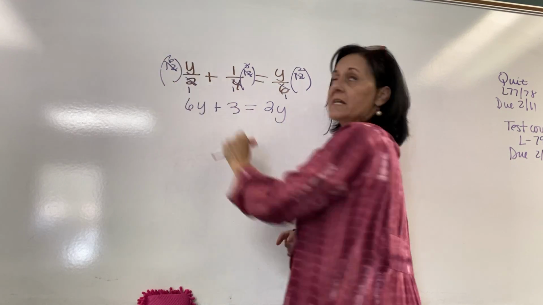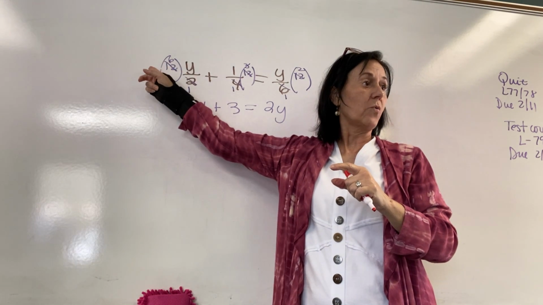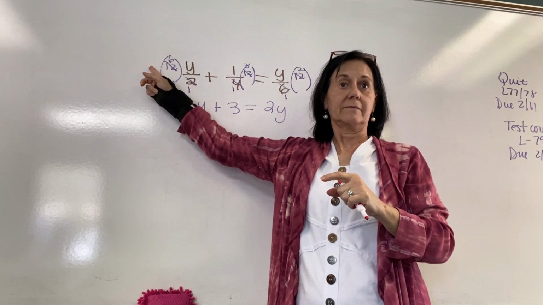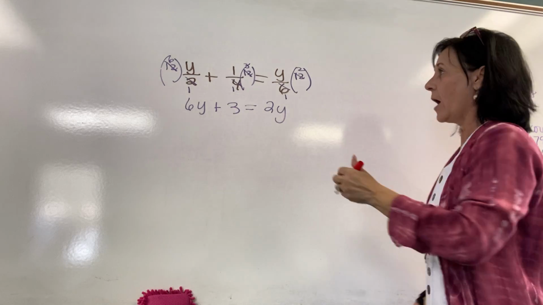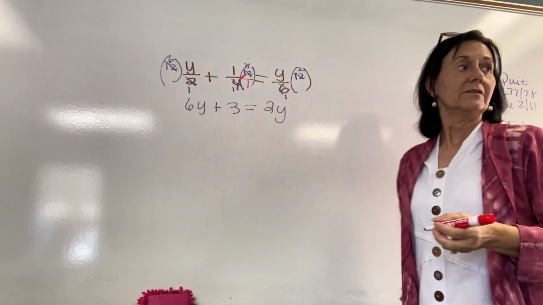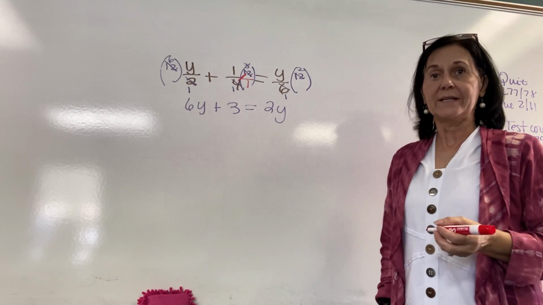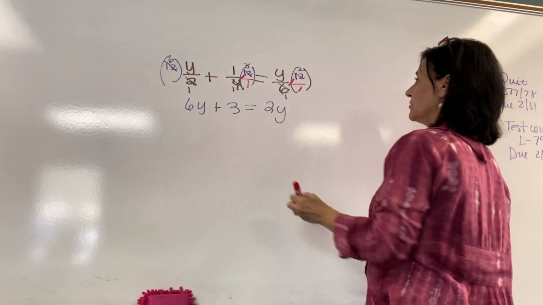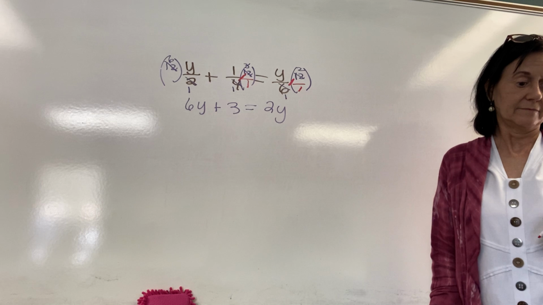It becomes 1 and 6. 2 goes into 2 once. 2 goes into 12 6 times. And the 4 and the 12, remember I can crisscross applesauce, eliminate. 4 goes into 4 once. 4 goes into 12 3 times. Crisscross, 6 goes into 6 once, and 6 goes into 12 2 times.